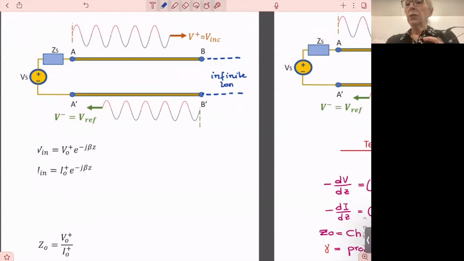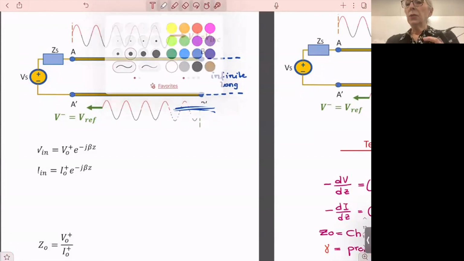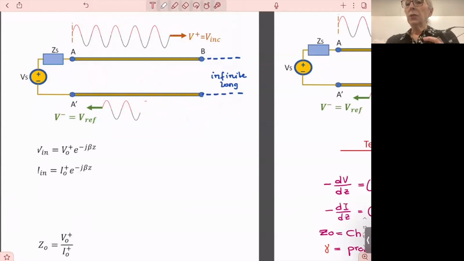Now, what happens if the line is infinitely long? We have here a wave that is created by the source. The source is going to create a voltage wave, which we will indicate with V plus.